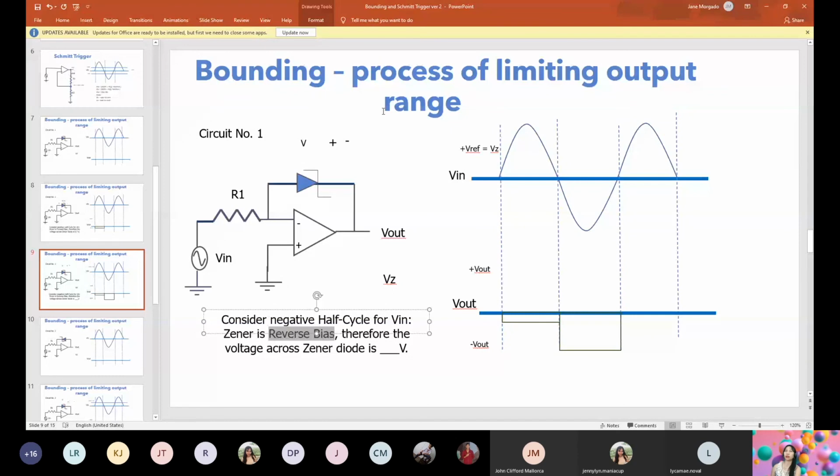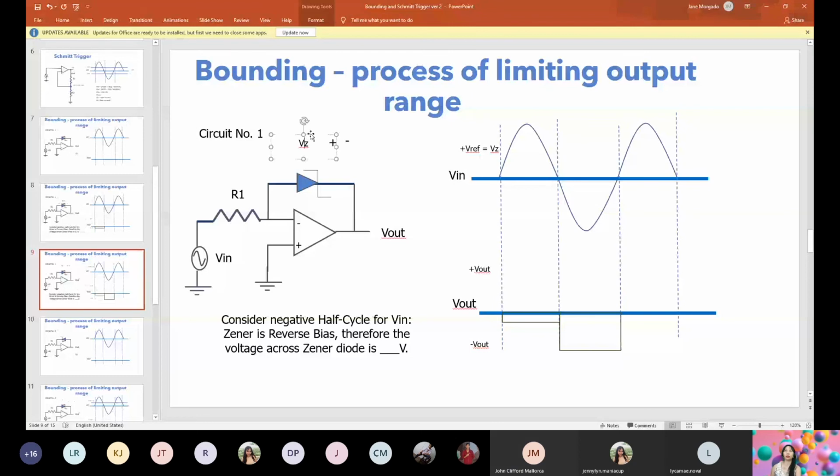So if the zener is connected in reverse bias, what is the voltage across the diode? Equal to the zener voltage, equal to Vz. That's correct.